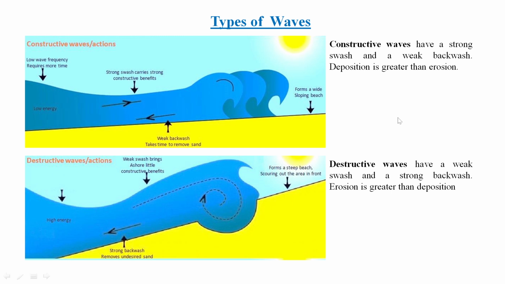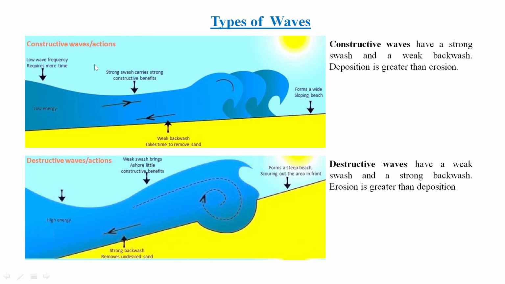And in case of destructive waves, they have a weak swash and a strong backwash, so erosion will be much greater than deposition, leading to the destruction of, you can say, the beach deposits that are already present in that beach. So again, if I look at the schematic diagrams of this constructive wave, then you can think of a strong swash and a very little backwash.